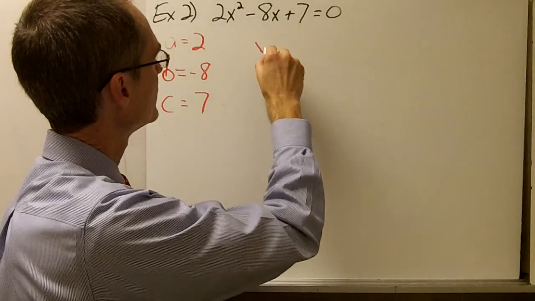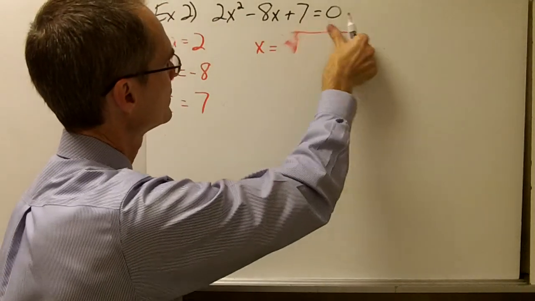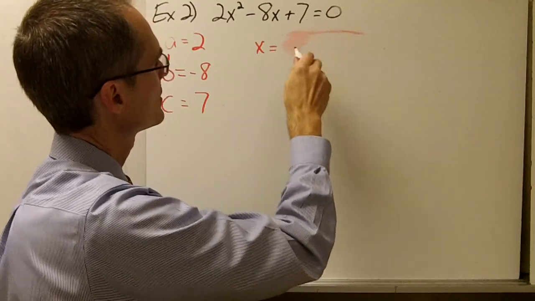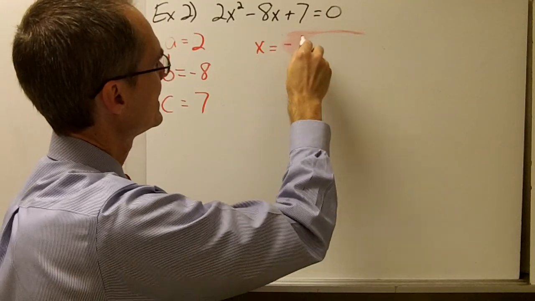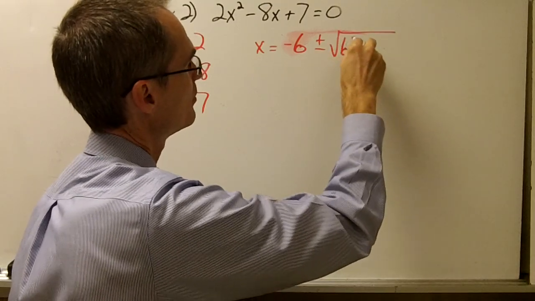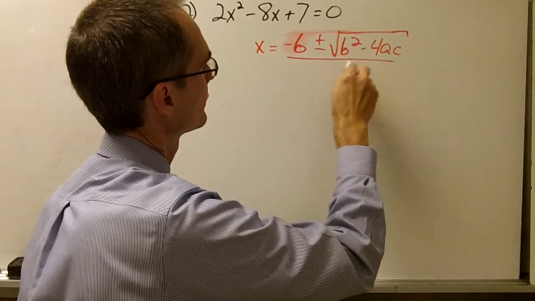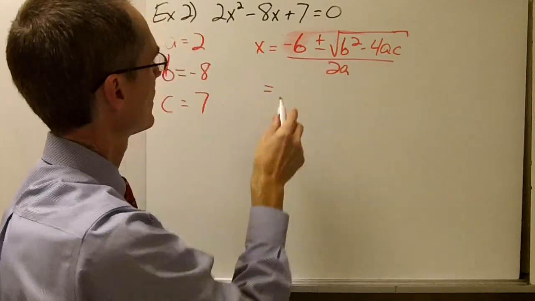So again, all I need to do is plug those values into my formula, which is x equals negative b plus or minus the square root of b squared minus 4ac over 2a. All right, let's see.